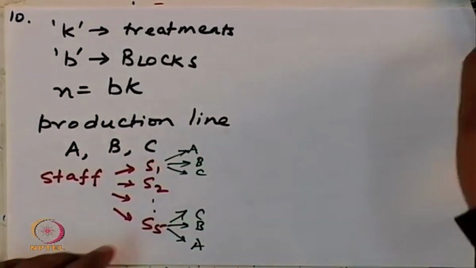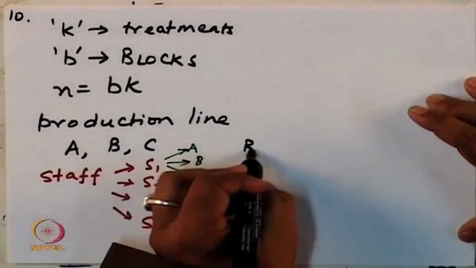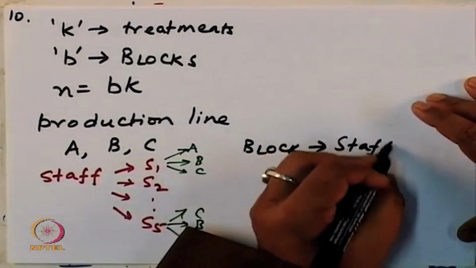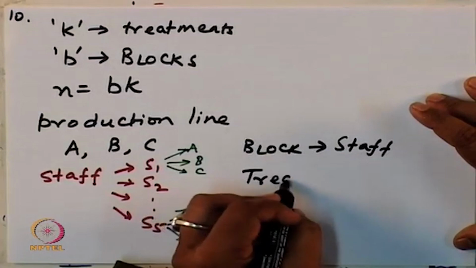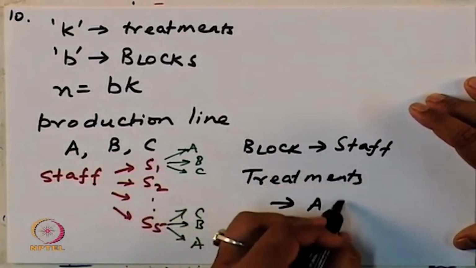So in this case, your blocks are your staff, and your treatments are A, B, C.